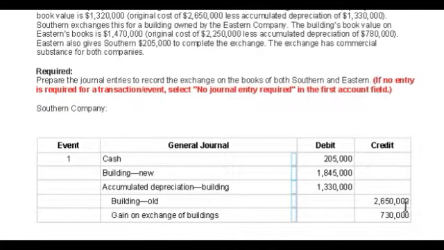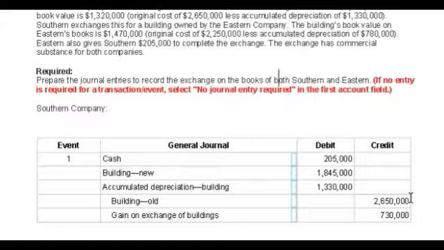So we will get rid of it. How do we get rid of it? We get rid of it by crediting it. Because you know how we normally put any assets on the debit side, right? So this amount must have been sitting on the debit side. But since I'm getting rid of it, giving it up to the other party, we're going to credit it, so it'll be taken out of our books.